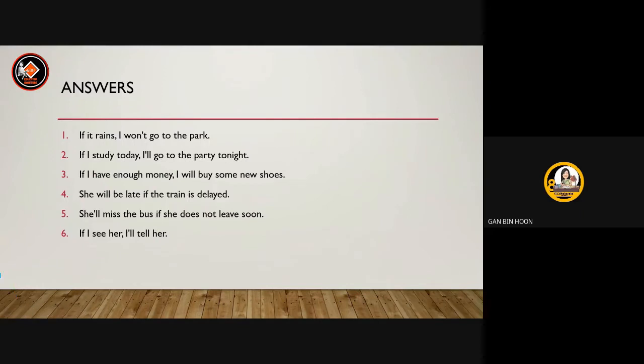So this answer: if it rains, present simple, I will not go. This is will, so remember the formula: if plus present simple plus will, plus the root verb.